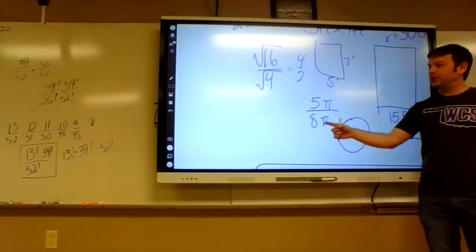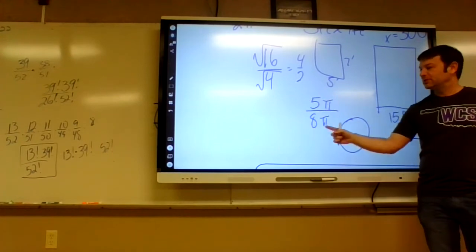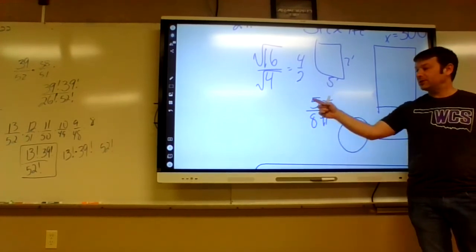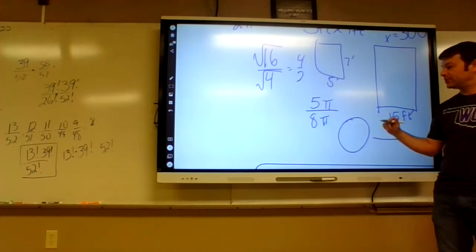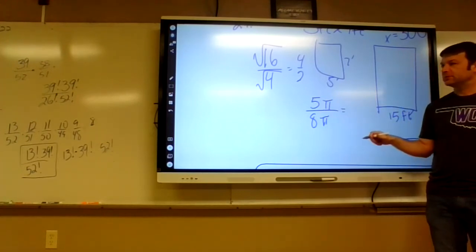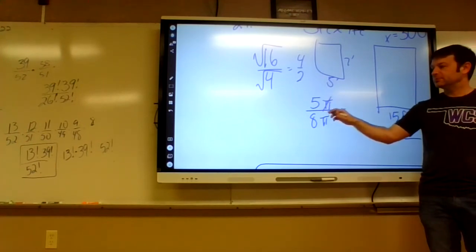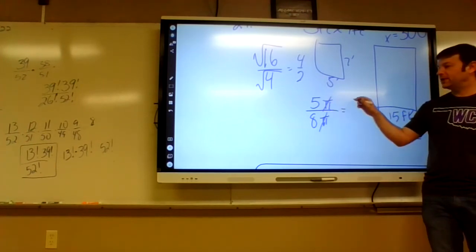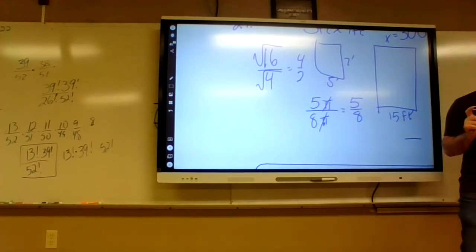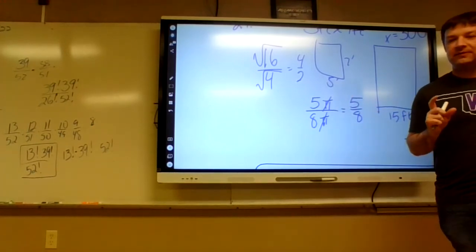So this is a one-dimensional ratio. This is your similarity ratio. What is 5 pi over 8 pi? What does that simplify to? 5 to 8. So the ratio of any lengths is 5 to 8.